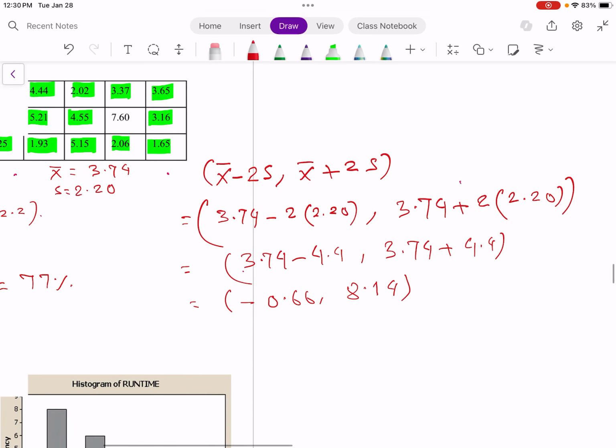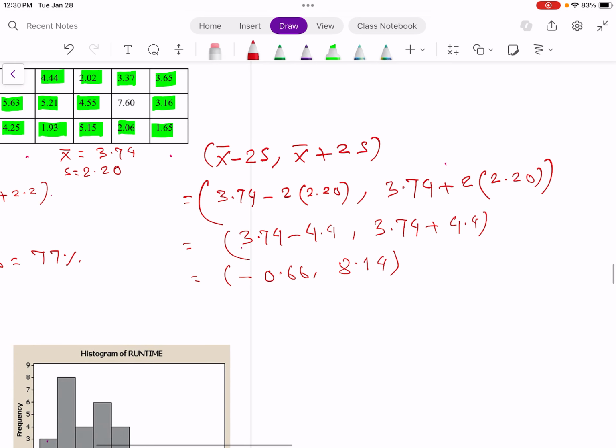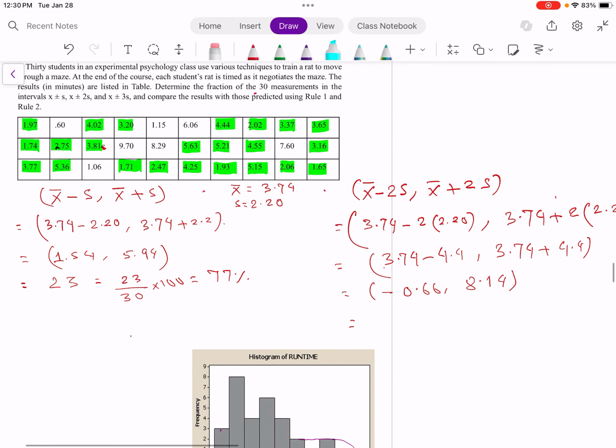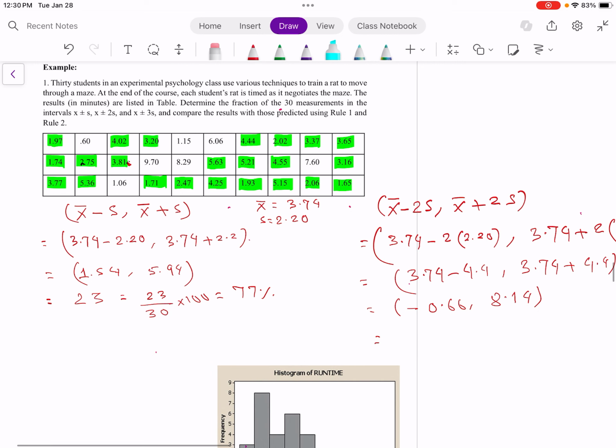Now how many measurements can we find within this interval? Can we say that all these green measurements are within 2 standard deviations? It belongs, right? So we are looking for the measurements which are greater than negative 0.66 and less than 8.14.